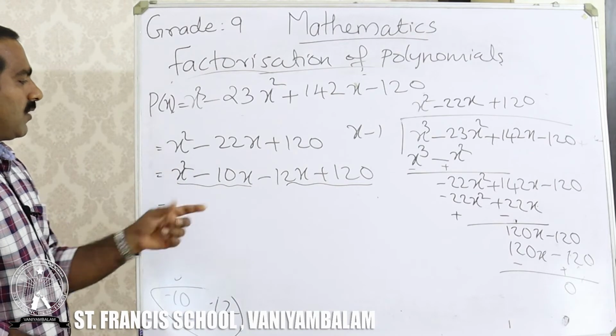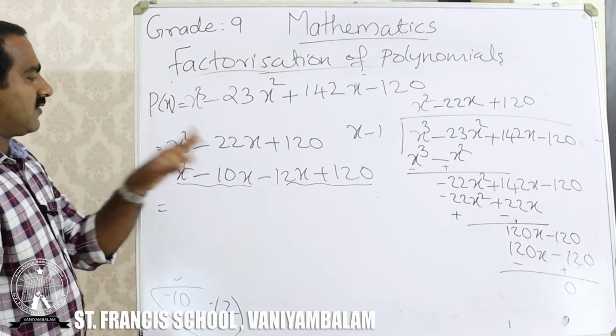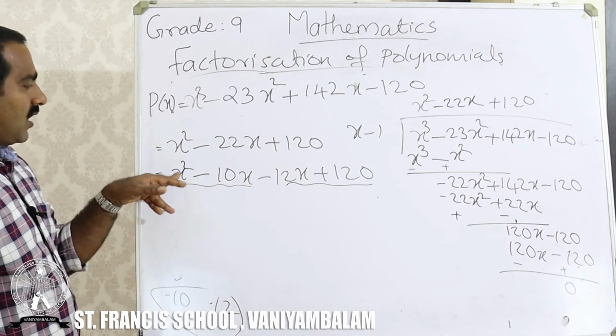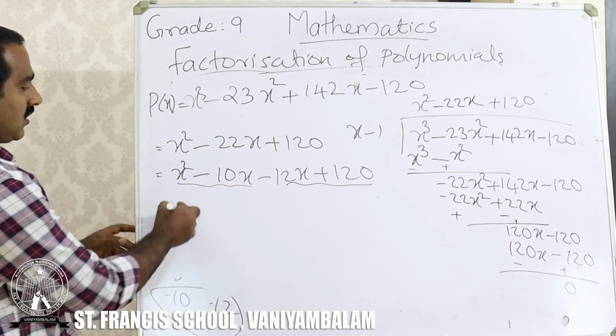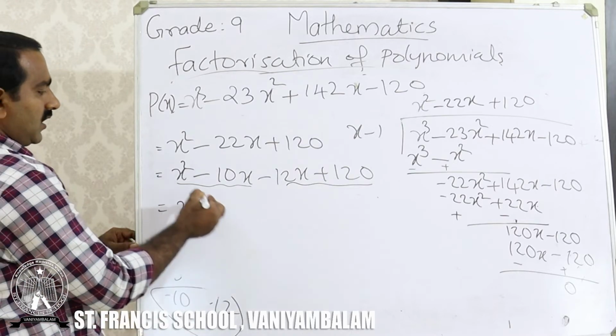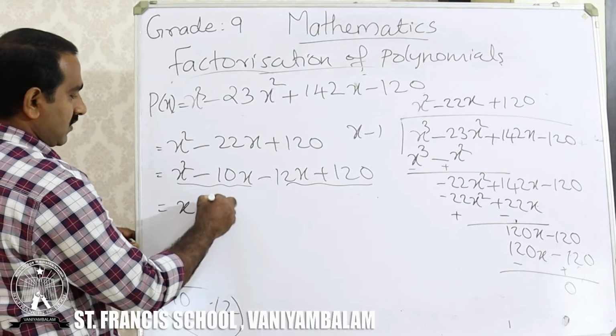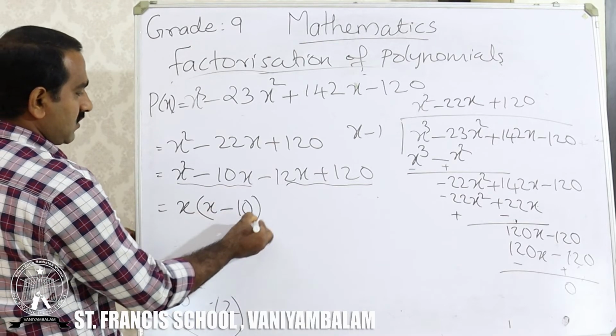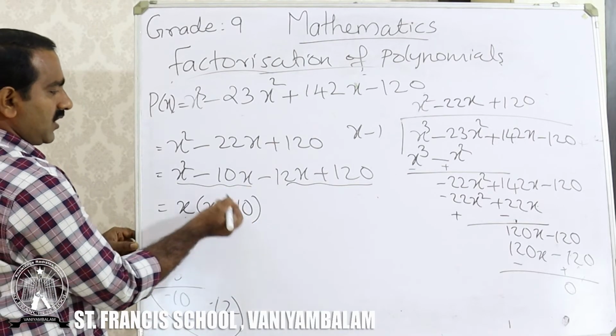This is one group. So x square minus 10x, what is common? X square and 10x, common is x. So x into x minus 10.